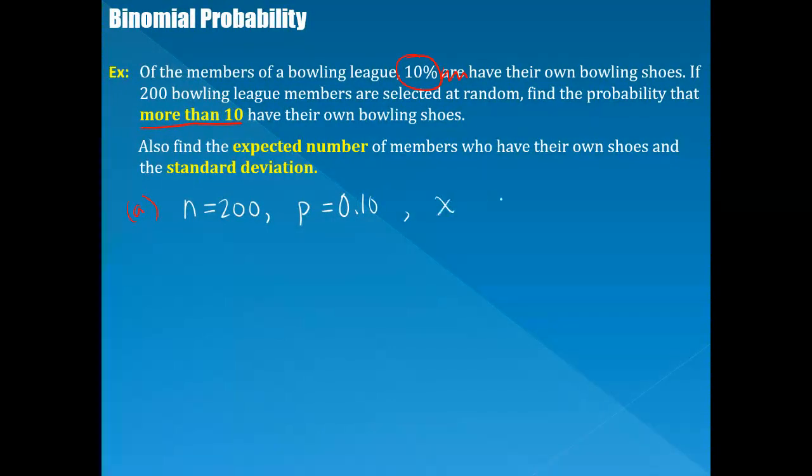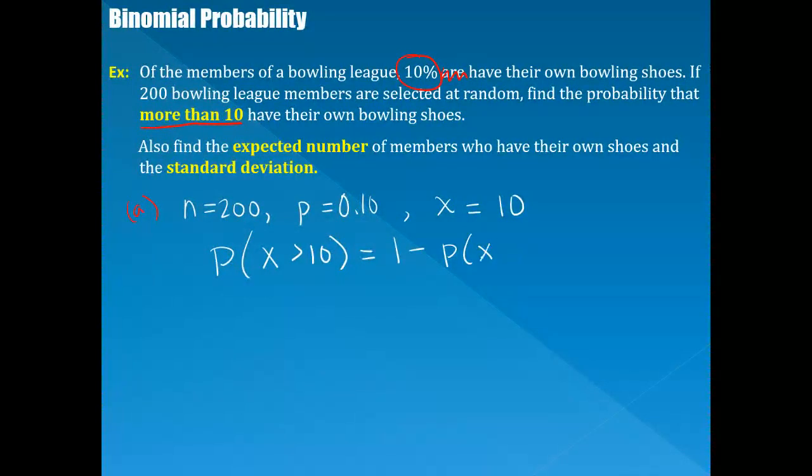And then X is saying more than 10. So 10 is not included in that, right? So realistically, what I'm finding here is the probability that X is greater than 10, which is the same thing as 1 minus the probability that X is less than or equal to 10. So let's think through that and indicate that piece of information.